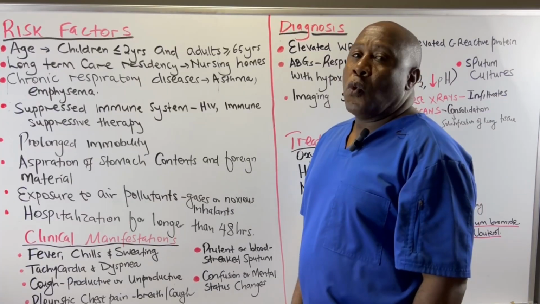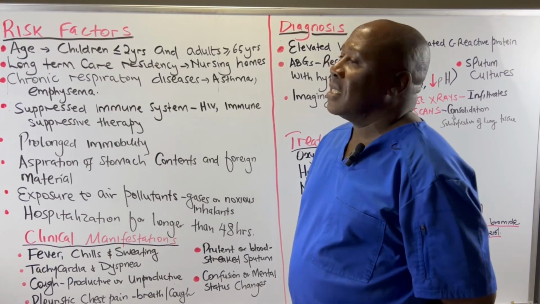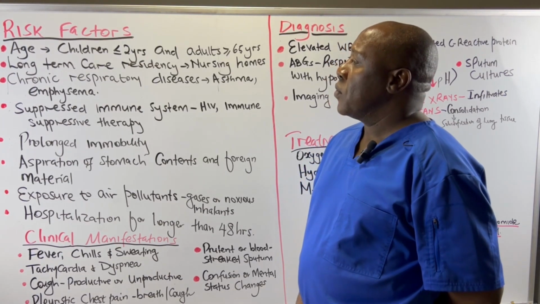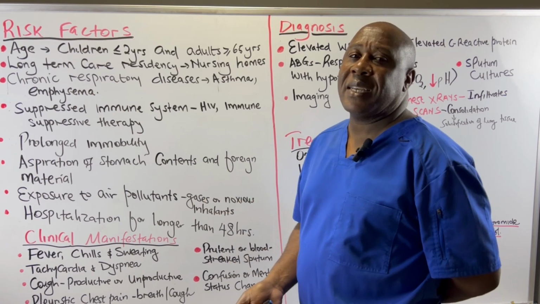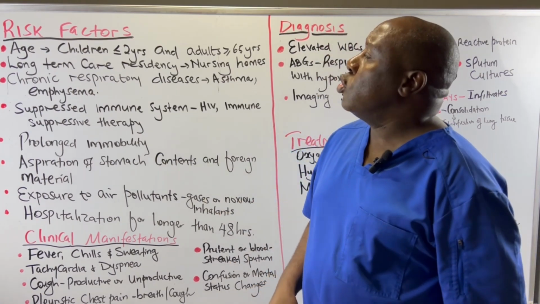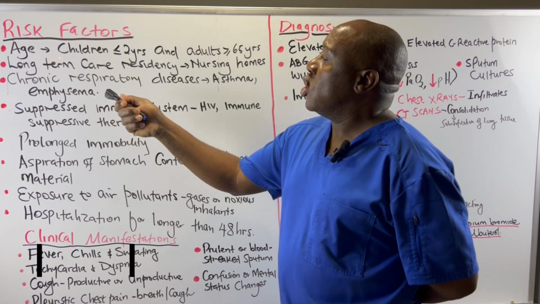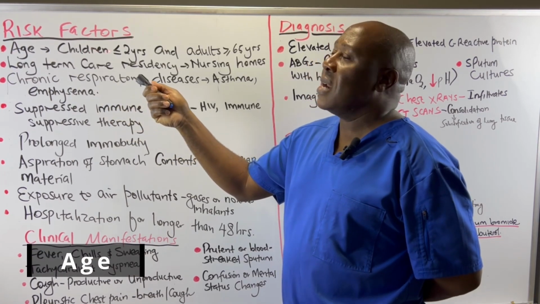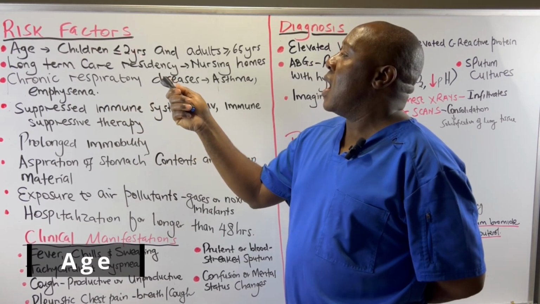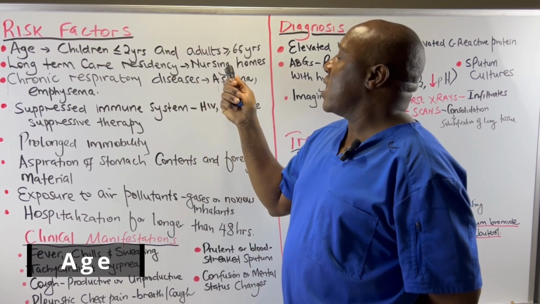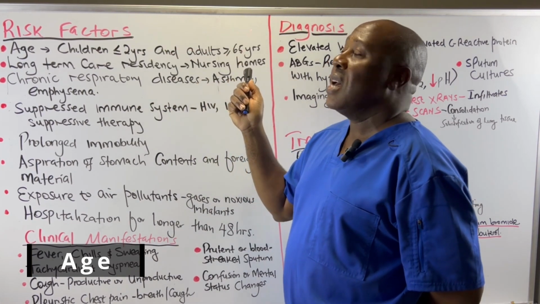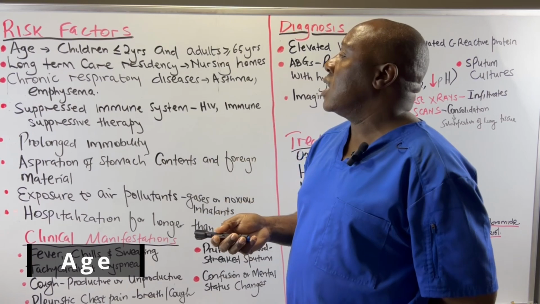So what are the risk factors for pneumonia? We have a number of factors that expose people to pneumonia. One, we have age. Children under or equal to 2 years and older adults greater than or equal to 65 years are likely to contract pneumonia.